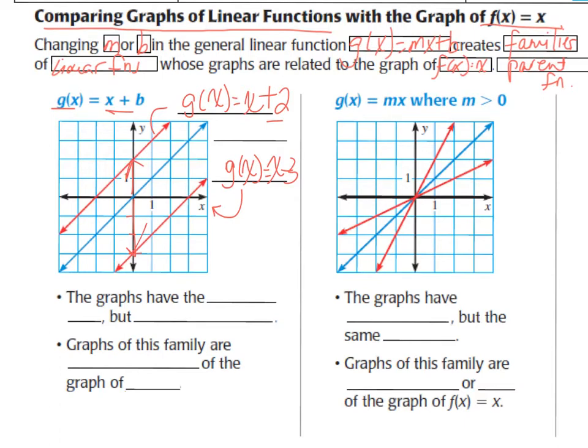Okay, and now we have the parent function, which we'll refer to as f of x equals x, and I got this from here. Let's analyze this. The graphs have the same slope, 1, but different y-intercepts.